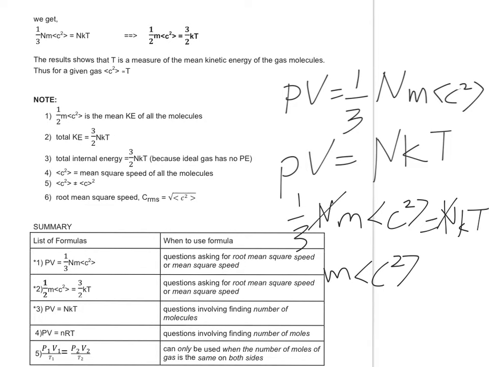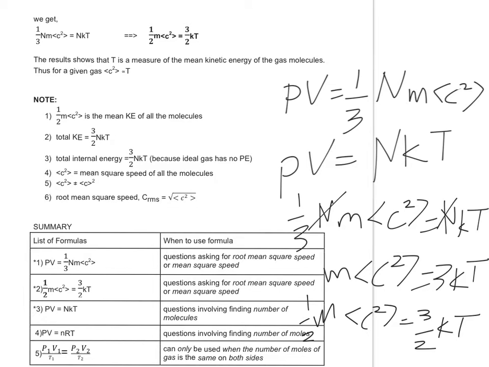Now you bring the 3 over, you'll get 3kT. Now we cannot leave the equation in this form because mc squared by itself has no meaning. If we want the expression for kinetic energy, which is half mc squared, we have to multiply by half on both sides. So you get half mc squared equals 3 over 2 kT.